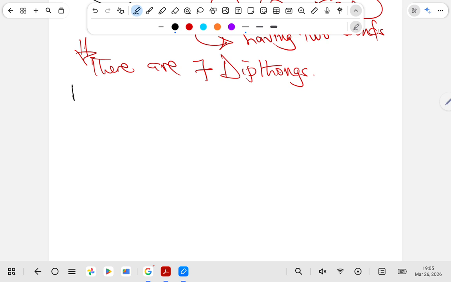So let me write that down here. Diphthongs, and to help us, I'm going to put how it is pronounced. How it's pronounced.